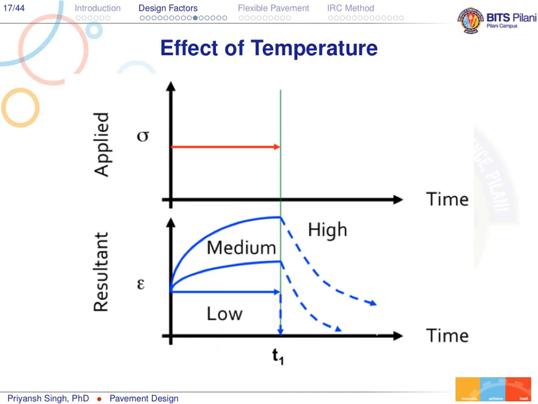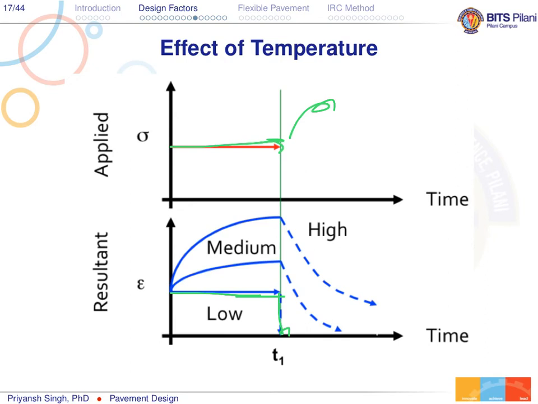This is the stress applied on the viscoelastic material. If the temperature is low, it starts acting like an elastic material. So stress is directly proportional to strain, and once you remove the stress, the strain goes directly to zero.